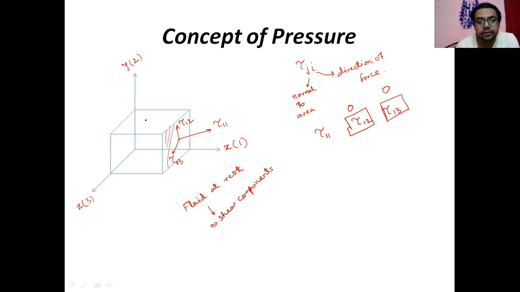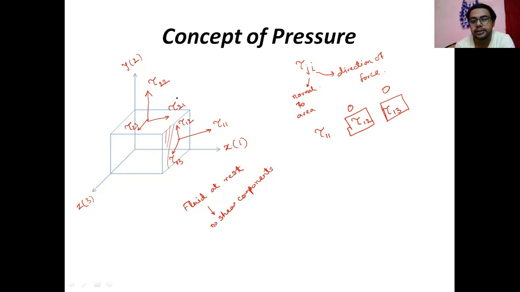If you're considering now the top surface area, the top surface area also has a normal force acting on the top side. That is tau 22. If shear force is acting, then it will look like this: this side is known as tau 21, and this side tau 23.